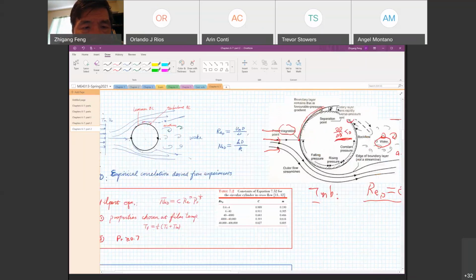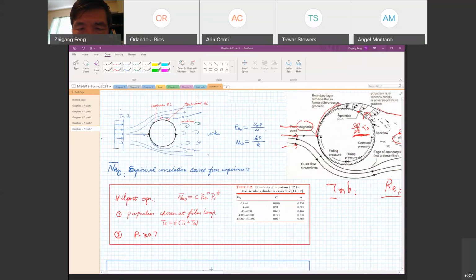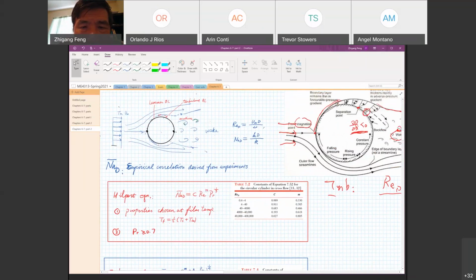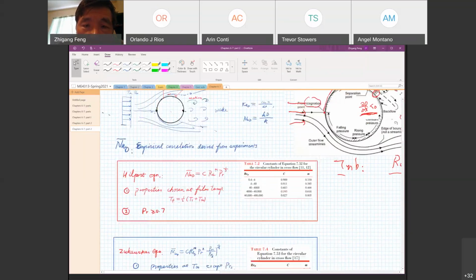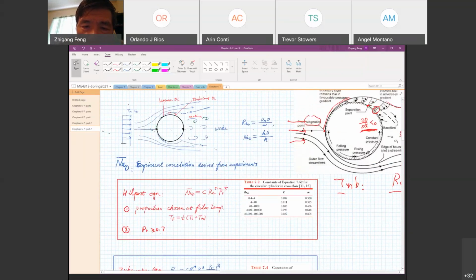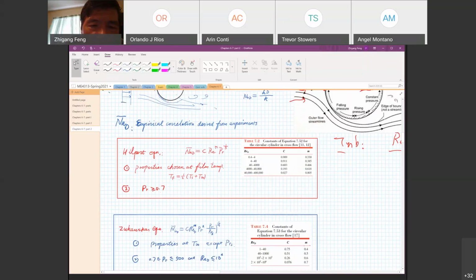So that's what we learned in fluid mechanics. But let's get back to our interest. Our interest is to find the heat transfer coefficient. As I said, we calculate the Reynolds number and use it to find the Nusselt number. The first formula given here is the so-called Hilpert correlation.